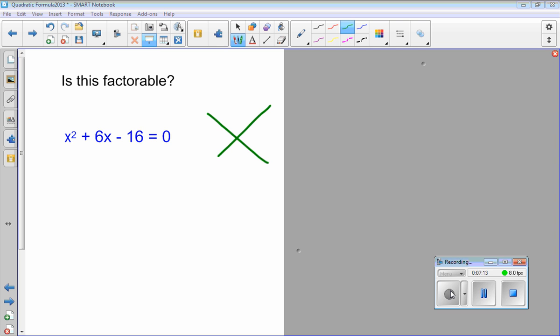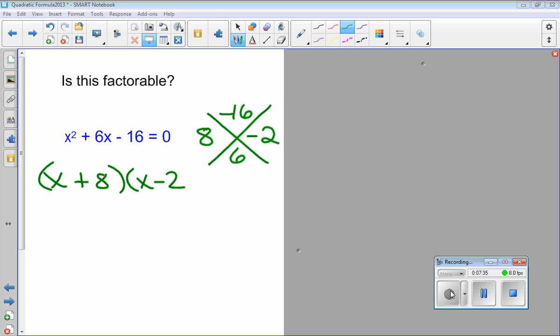We can check to see, are there 2 numbers that multiply to be negative 16 and add to be 6? What are they? 8 and negative 2. Okay? And I agree with that. So we can factor this. Okay? X plus 8, x minus 2 are the 2 factors.